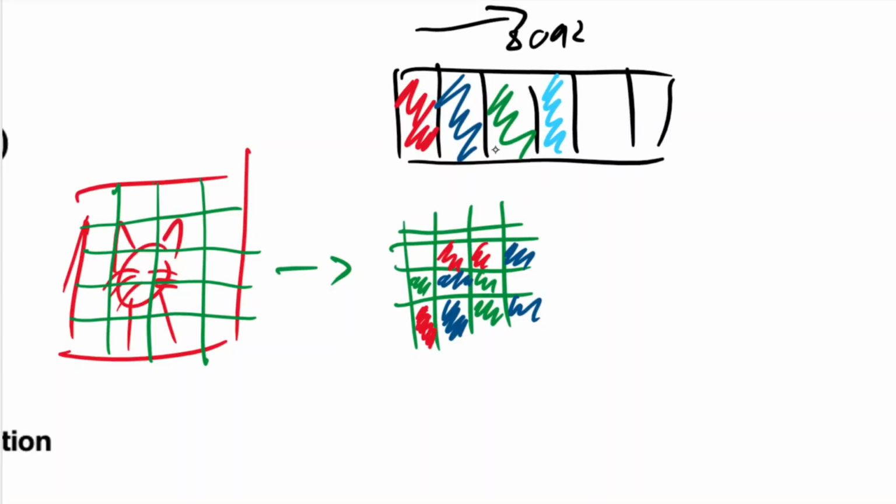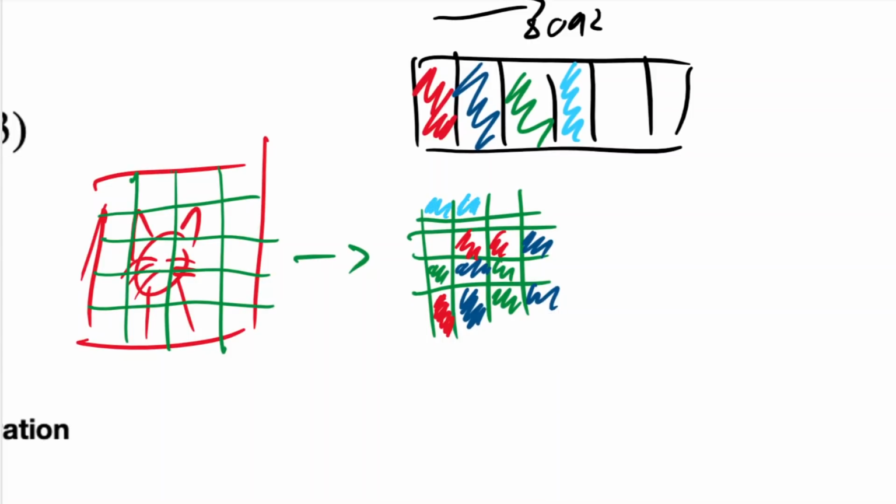So maybe this is the thing that describes sky. So what you'll have is this thing and this thing and this thing and this thing should be approximately sky, right? And then maybe the red one is, I don't know, animal, and the blue one is vegetation, and the green one is something else.